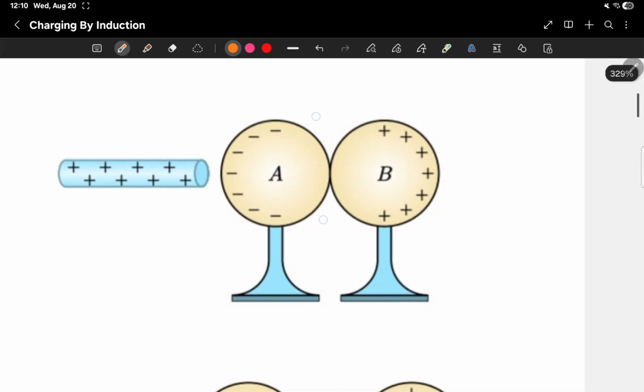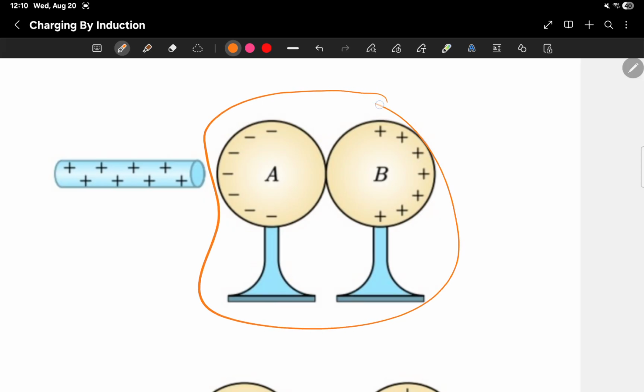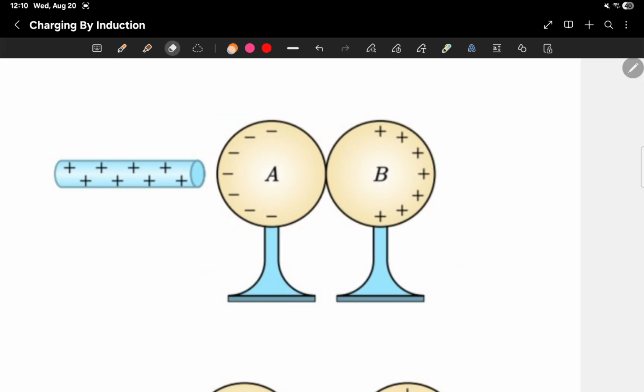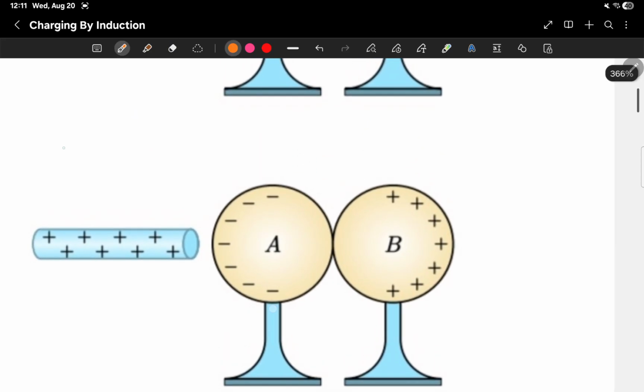Now we brought in a glass rod and we kept it at a distance between two spheres that are touching each other, two metallic spheres. The glass rod was positively charged. So I'll draw something here.